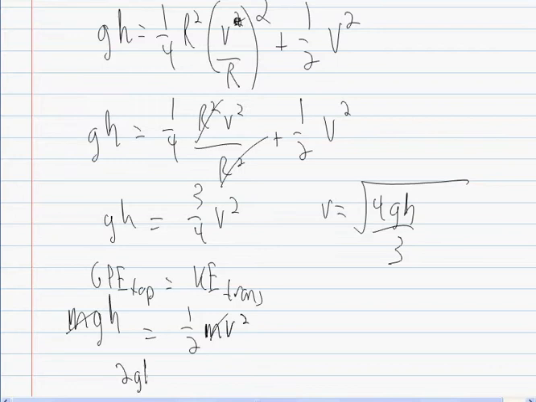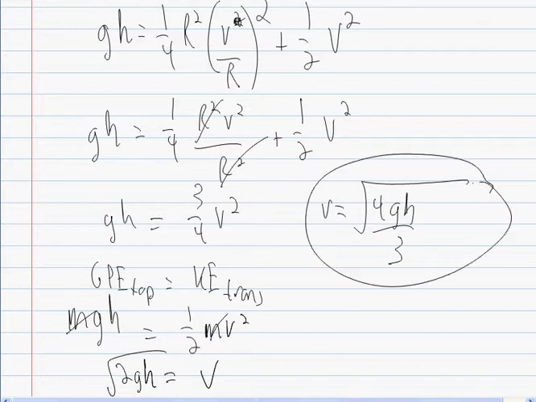I just multiplied by 2, took the square root. I want to point out that, like I said, this is slower. This is considerably slower. Instead of root 2, we're going to have root 4/3, which is 1.33. Woo!